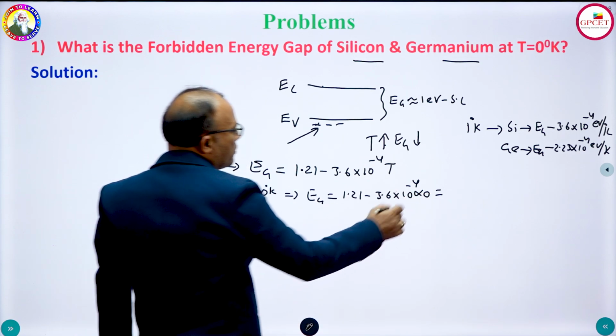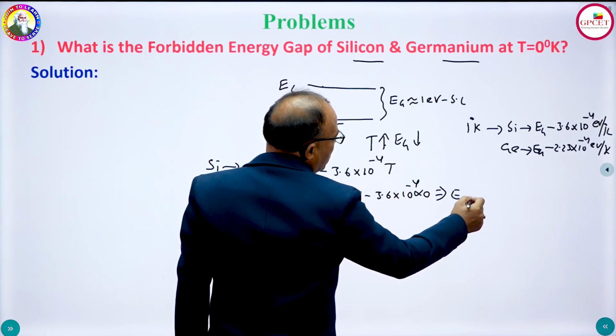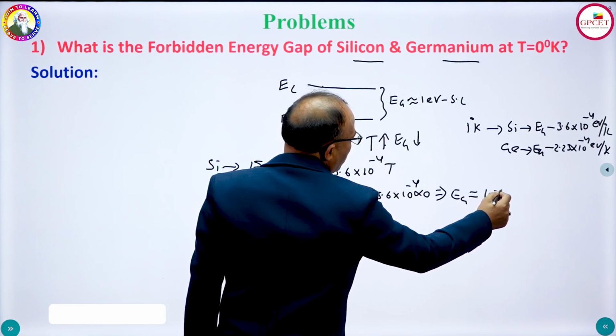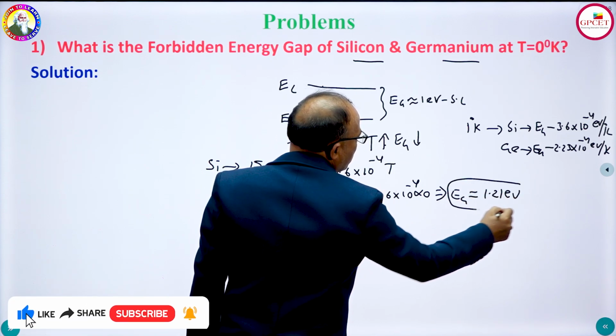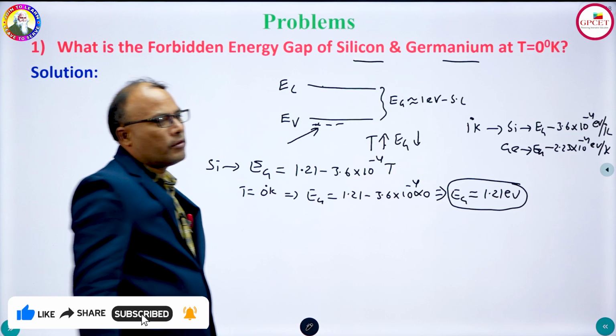So I will get energy gap equal to 1.21 electron volts at 0 degree Kelvin.